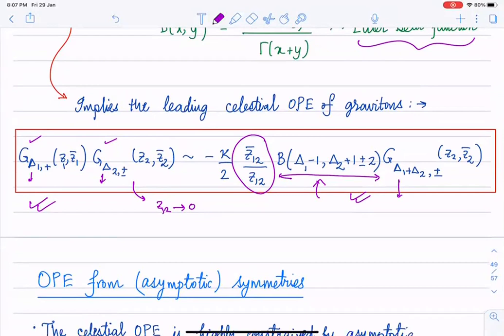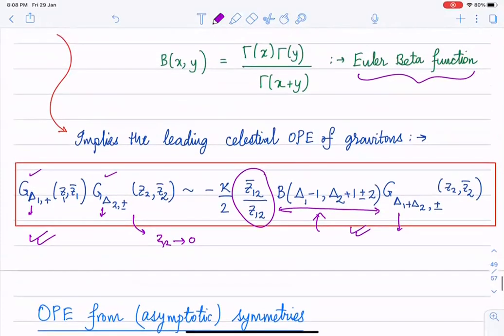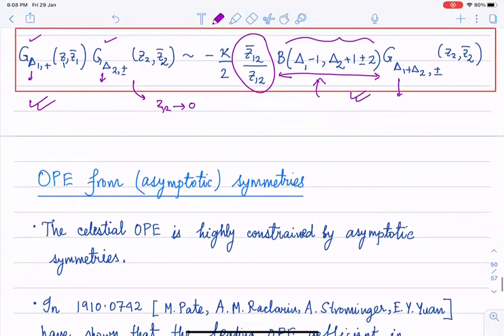The underlying symmetries which govern the sector of MHV scattering amplitudes are so constraining that they not only determine what the leading OPE coefficient is, but they also determine what the exponents of z and z bar can be. So in that sense, the celestial OPE is completely determined by the underlying symmetries in the MHV sector.